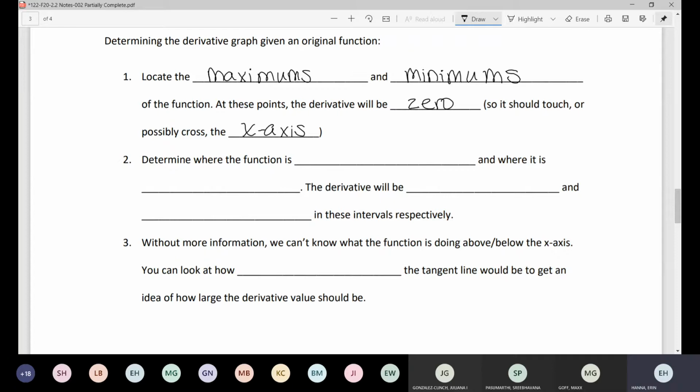Because again, we're not trying to draw these from scratch, we're just trying to pick one out amongst a couple of choices. So if that's not enough information, you're going to determine where the function is increasing and where it is decreasing.